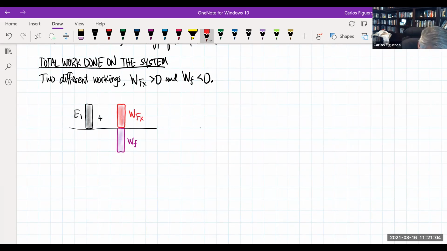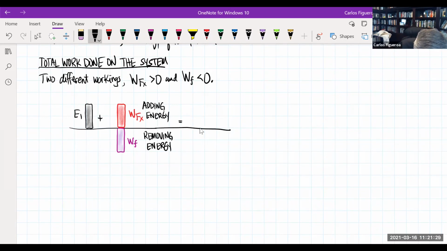In other words, what this is really telling me is that this one is adding energy. This one's removing energy at the same rate, so that afterwards, the total energy of the system is unaffected.